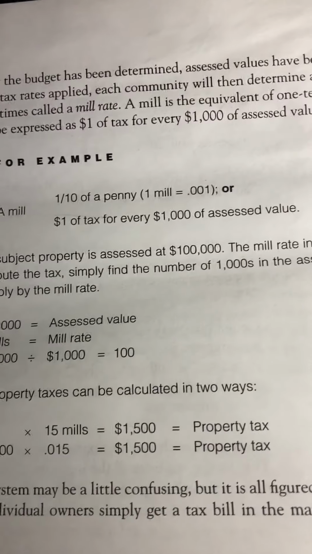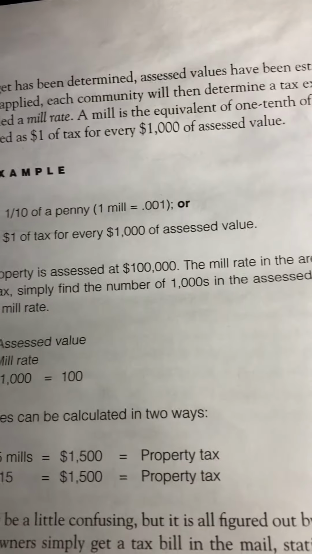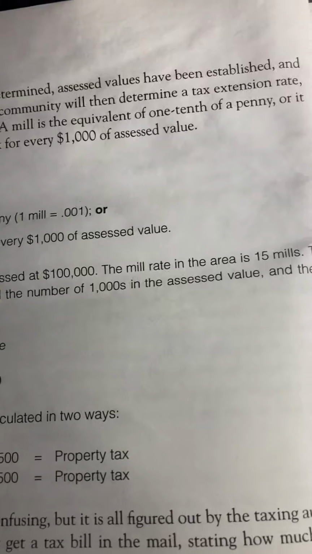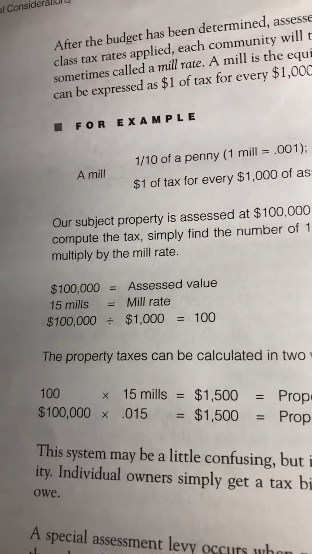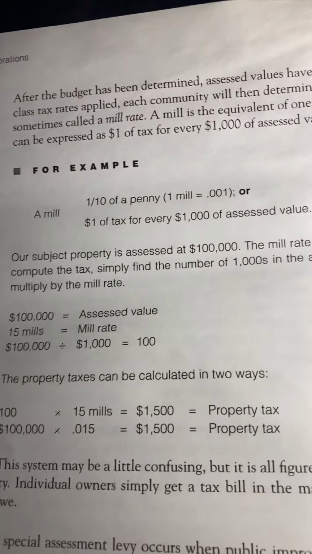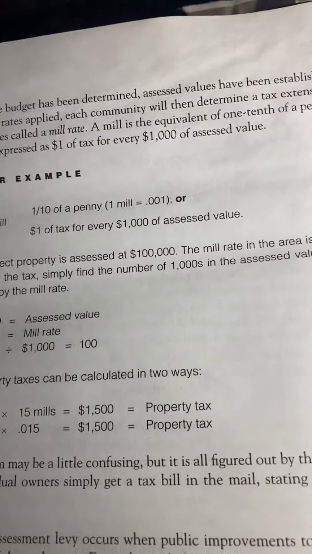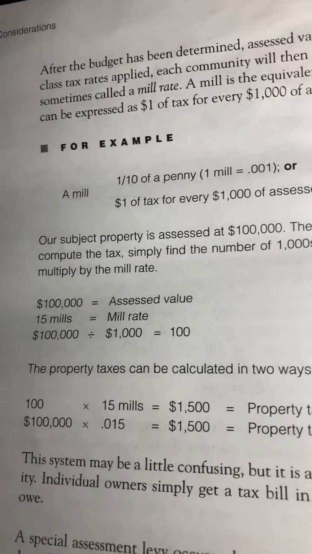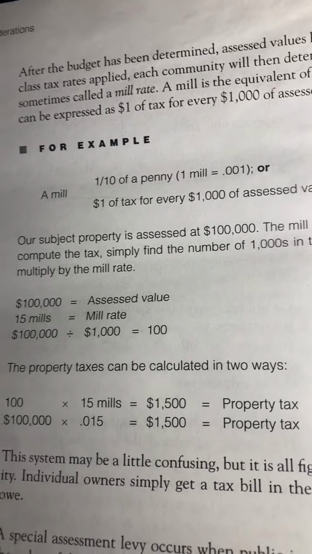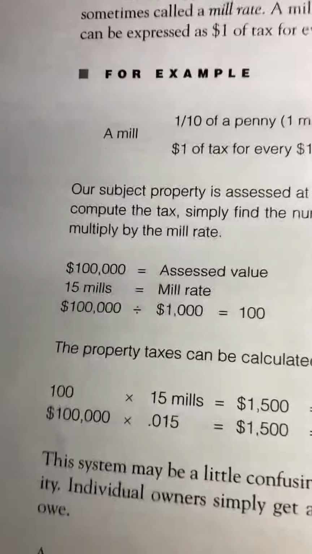Our subject property is assessed at $100,000. The mill rate in the area is 15 mills. To compute the tax, simply find the number of thousands in the assessed value and then multiply by the mill rate. Here's the formula.